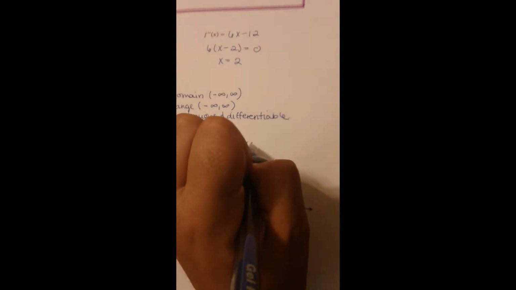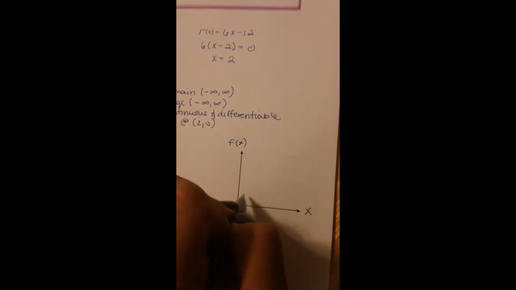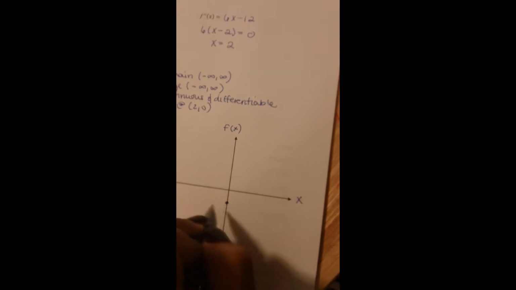So let's sketch this out. We have a y-intercept at 0, negative 2.